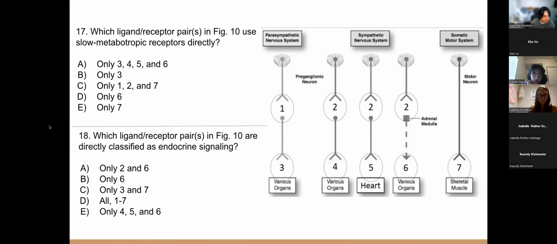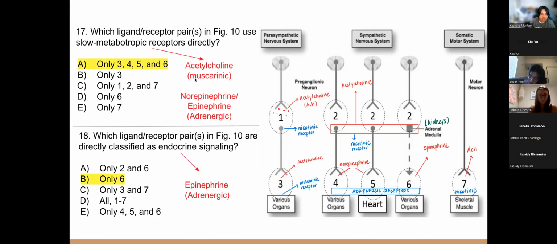All right. So if no one else is going to answer, I'll go over the answers right now. So for 17, the answer is actually going to be A. So question 17 is asking which ligand receptor pair is going to use slow metabotropic receptors directly.